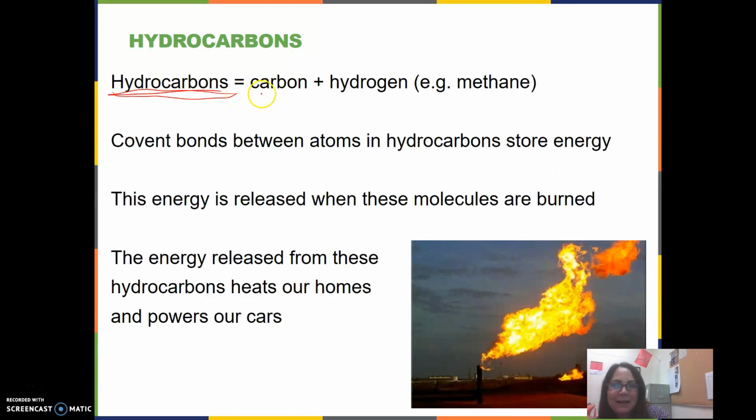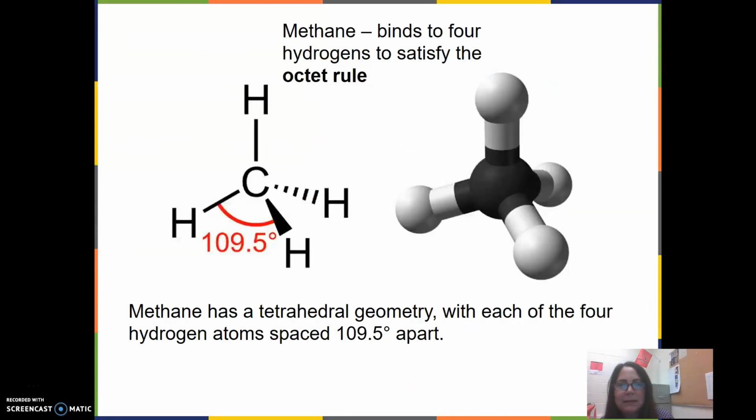They are carbon plus hydrogen. Methane gas is a hydrocarbon. Methane gas has 1 carbon and 4 hydrogen atoms covalently bonded to that carbon. Burning hydrocarbons releases energy. This is a model of methane.